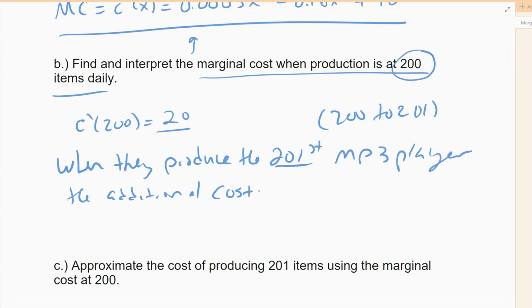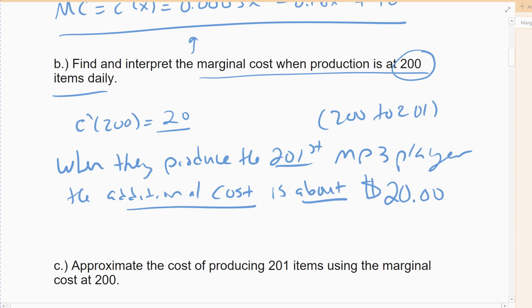Cost is moving up. It is an estimation, so we're adding cost by about $20. So it costs them about $20 more to go from producing 200 items to 201. That one more item, specifically the 201st item, this would be different if I picked a different number, cost them an additional $20 approximately.